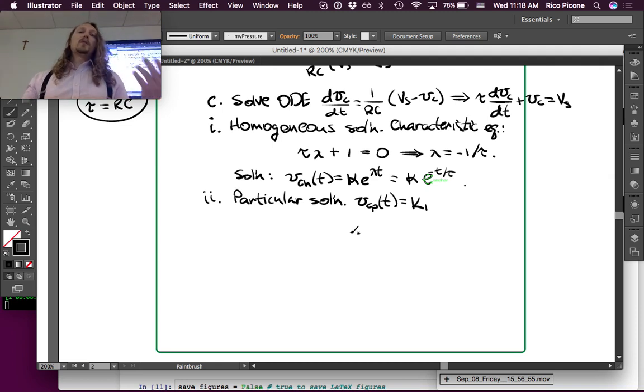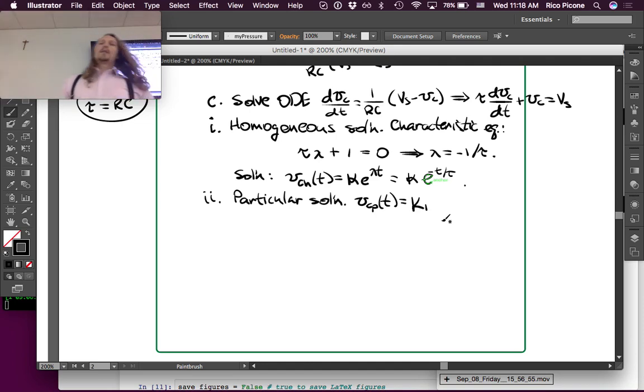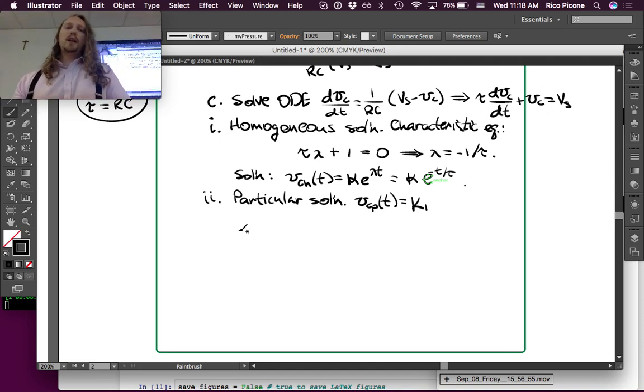We're positing, we're making a claim that VC particular is a solution, we just put in a constant, a constant is a solution to this differential equation. And so in order to determine what that constant is and to verify that there is such a constant that satisfies the differential equation, we just plug it in.